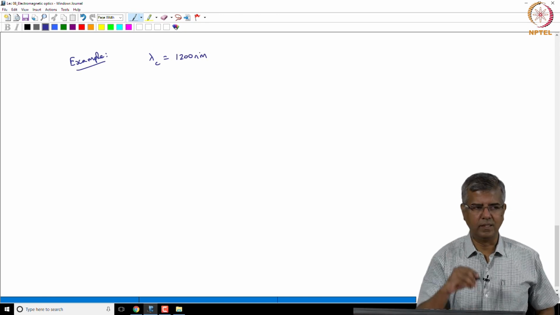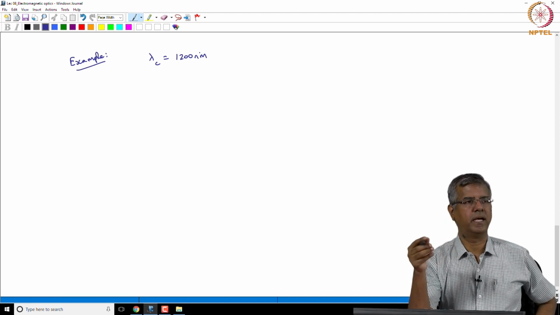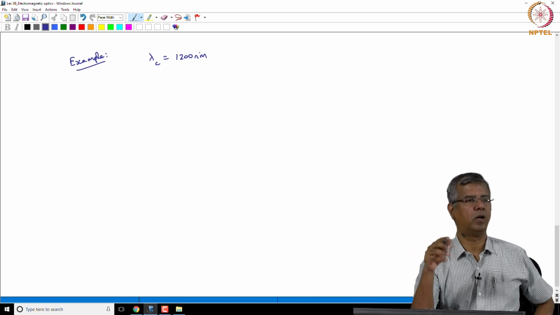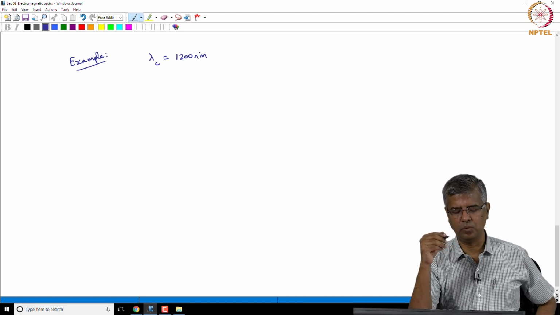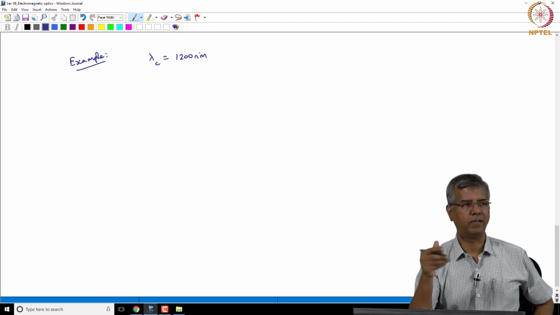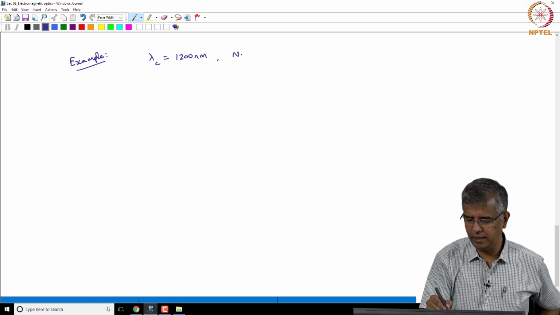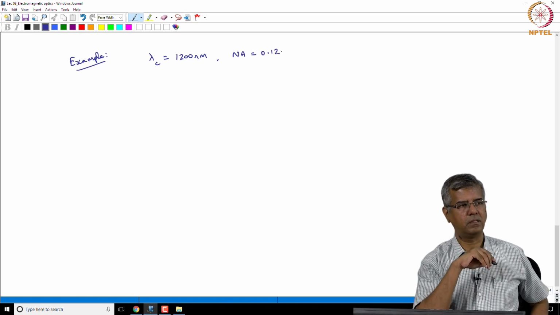Okay. This happens to be the design of a standard single mode fiber that you use for telecommunications. All your optical communications is happening on a single mode fiber which will have a cutoff wavelength around 1200 nanometers, and let us say the numerical aperture is also given as 0.12.